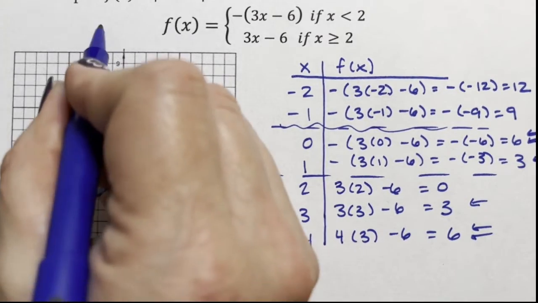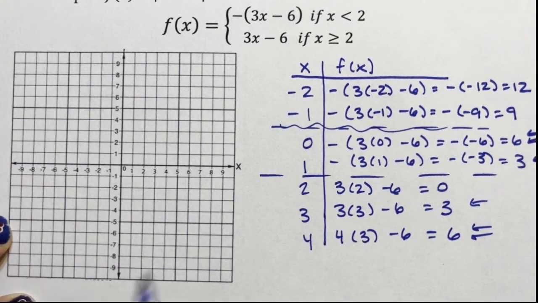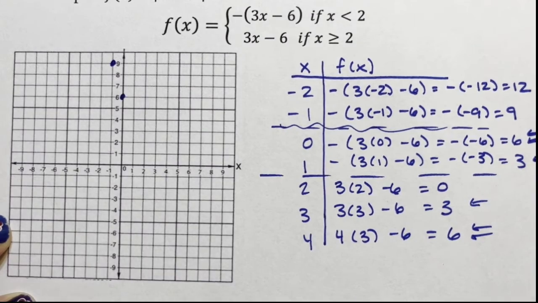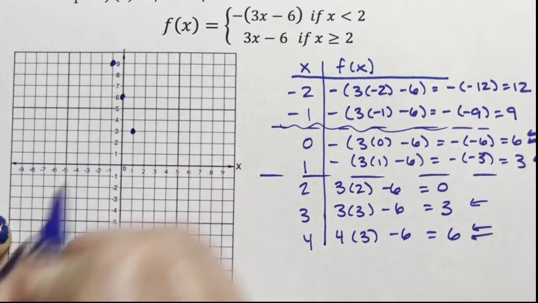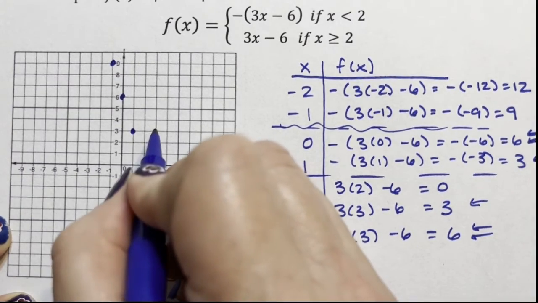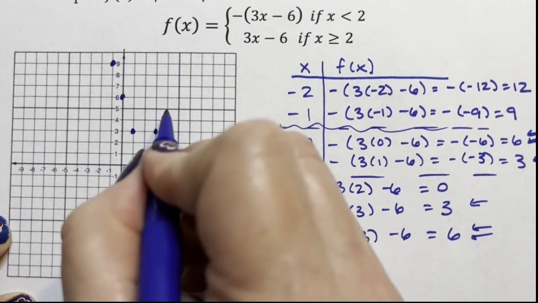So everything is looking good. -2, 12 is actually off my grid, so I'm not going to worry about it. -1, 9 is right here. 0, 6, 1, 3, 2, 0, 3, 3, 4, 6.